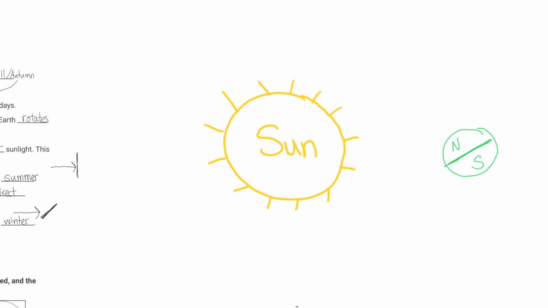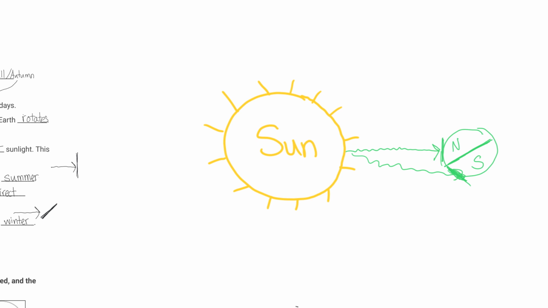Well, in this case, sunlight going directly towards the Earth hits the northern hemisphere at a direct angle. Any sunlight that's hitting the southern hemisphere is hitting at an indirect angle. You can see that this is straight up and down. This, where it hits, is tilted. That's that indirect angle. So it's summer in the northern hemisphere. It's winter in the southern hemisphere.